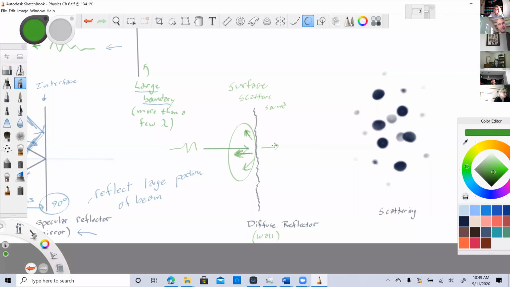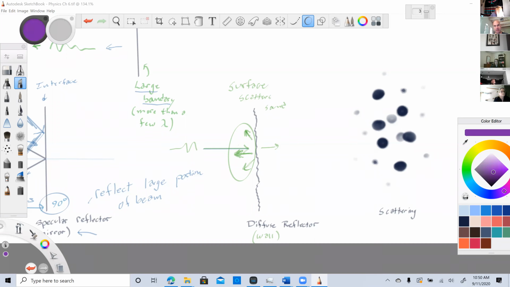Now scattering, and this is more of an interface between, let's say, the fat surrounding the kidney and the kidney itself. This beam of sound goes through the fat, then it hits the kidney, and the kidney is relatively a diffuse reflector, the wall of the kidney, that is. Specular reflectors are fairly uncommon, or they're certainly not the majority.